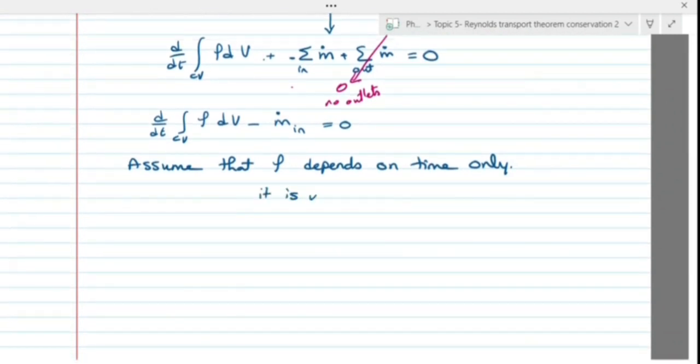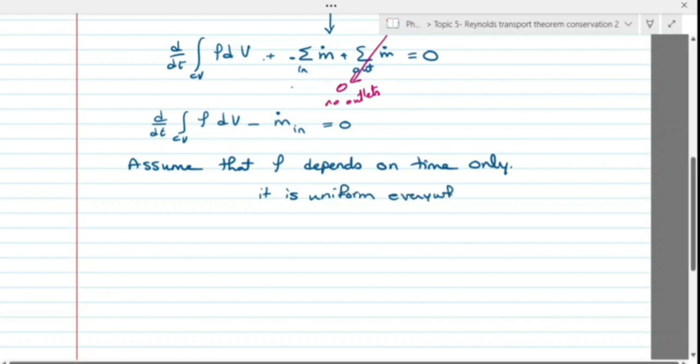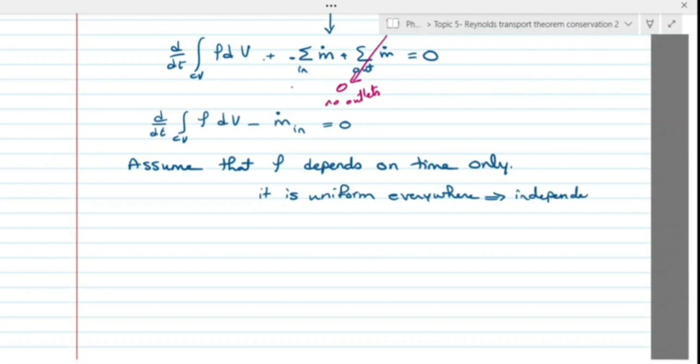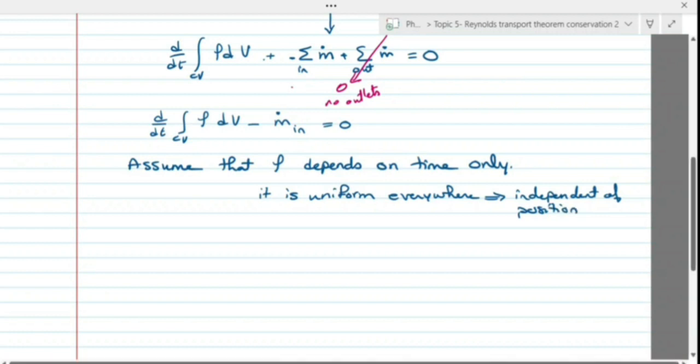It is uniform everywhere, which means it's independent of position, which means that I can simply take it outside my integral, which is over the volume.